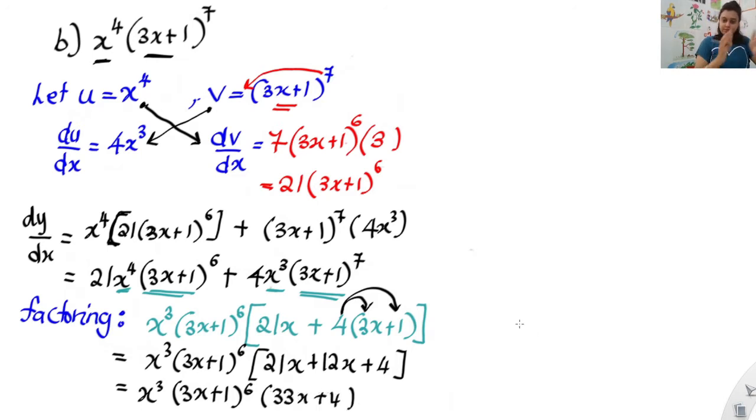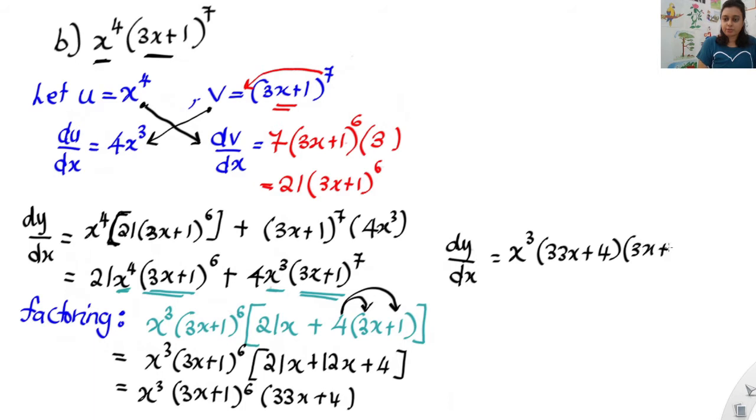Rearrange it properly. So your dy dx, write the x power of 3 first, then the 33x plus 4, and then the 3x plus 1 power of 6. So this is your answer. Let me check. This one is B: x cubed, 33x plus 4, 3x plus 1 power of 6.